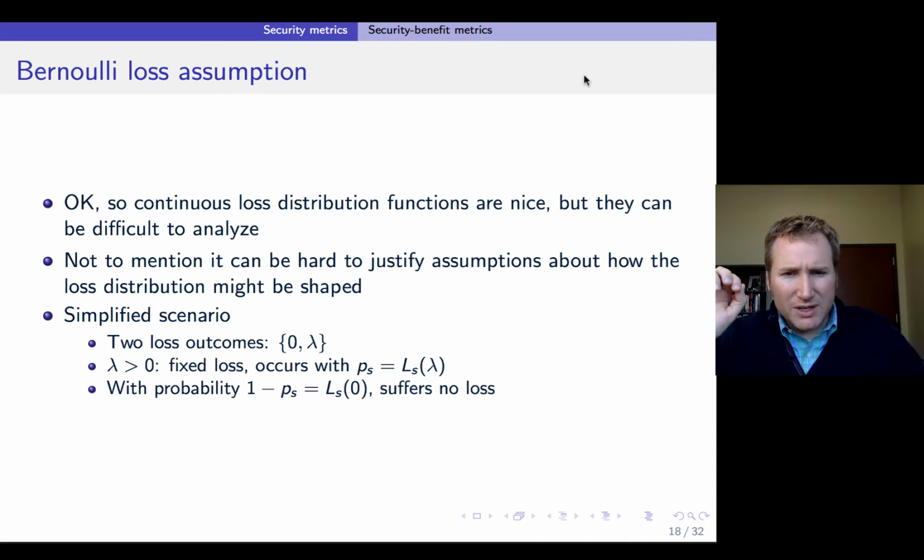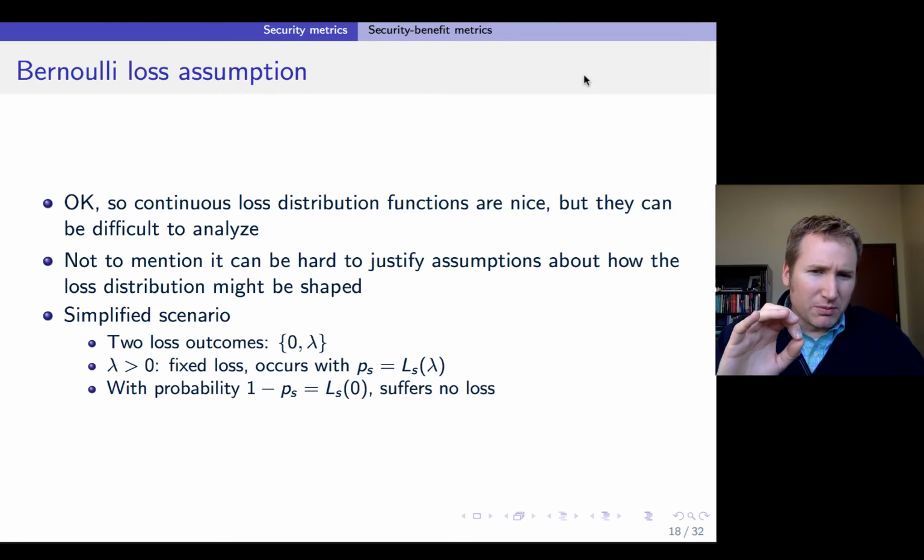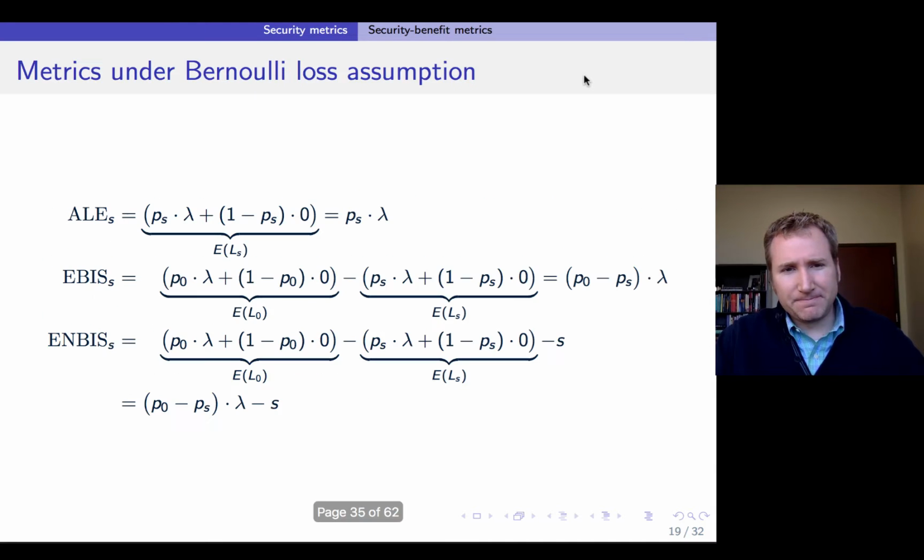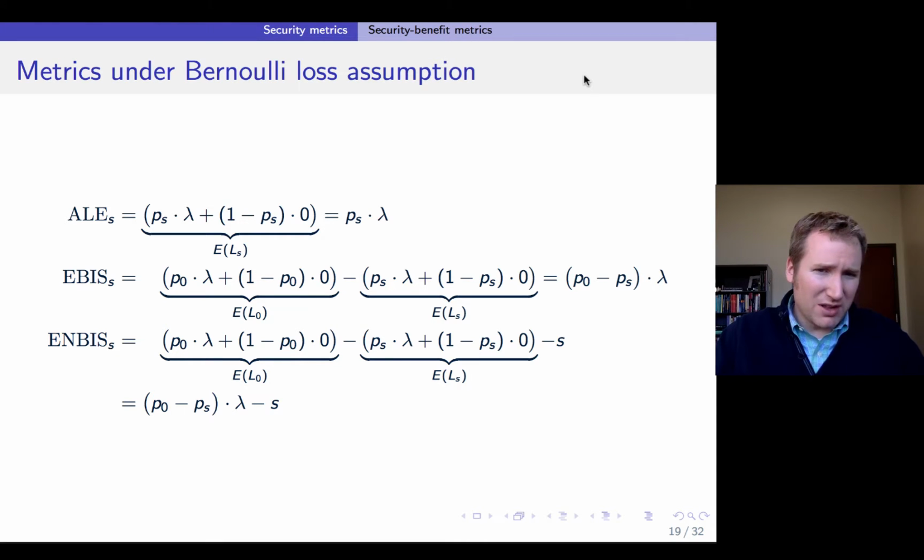So if PS is the probability of a loss if you invest with the security level S, then because we only have two outcomes, with probability 1 minus PS you suffer no loss at all. If you make these simplifying assumptions, called a Bernoulli loss assumption, this greatly collapses the metrics that we saw previously.